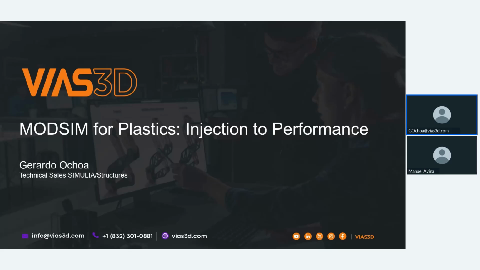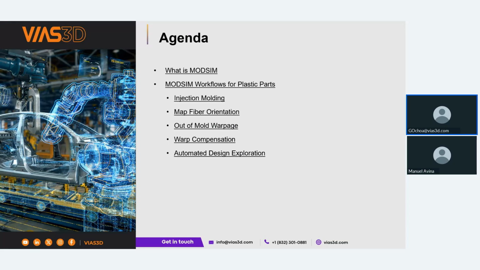So for today, we're going to be talking first about MODSIM. I think it's important to define what is it, and then how this MODSIM approach could be applied to different simulation workflows that are intended for plastic components. We're going to start with injection molding simulation.